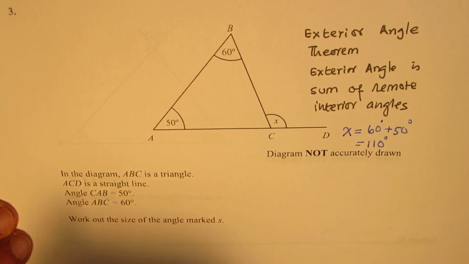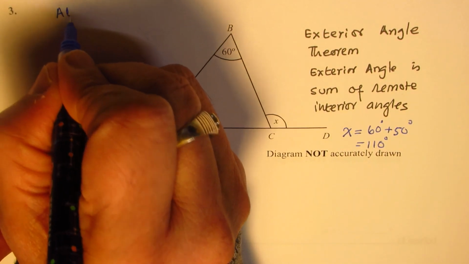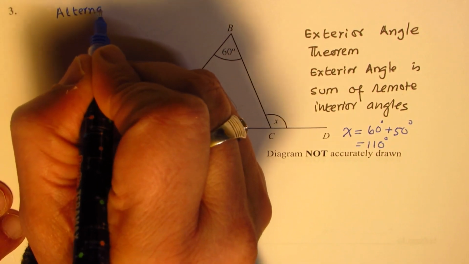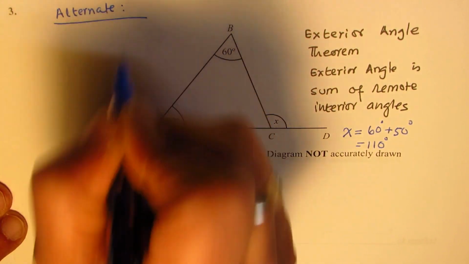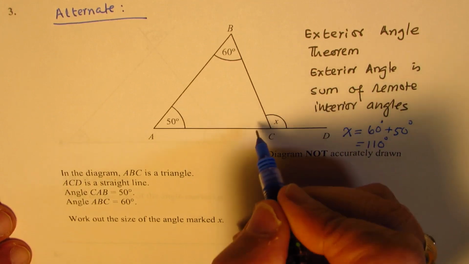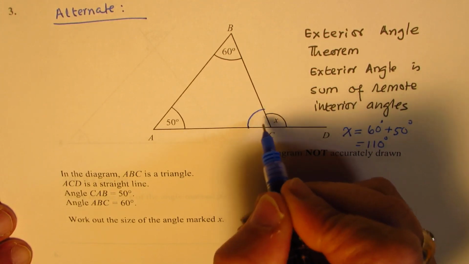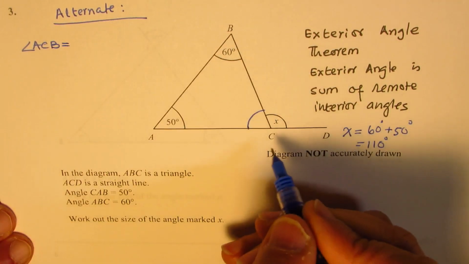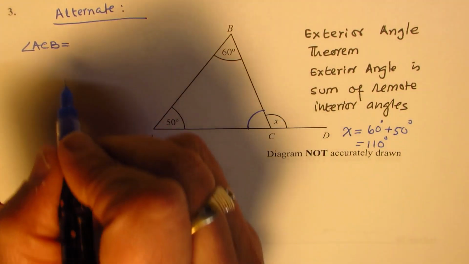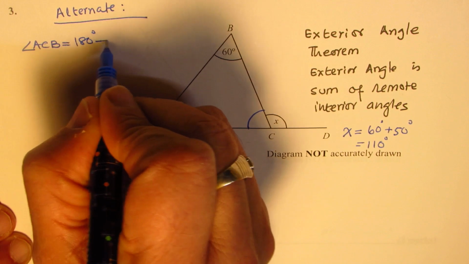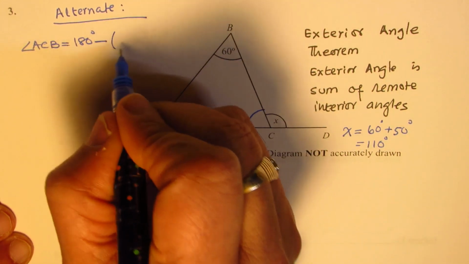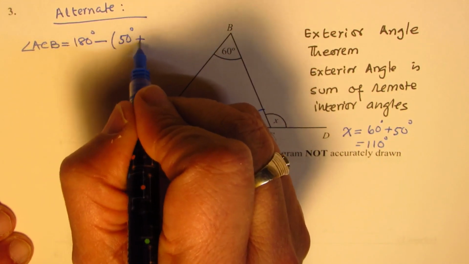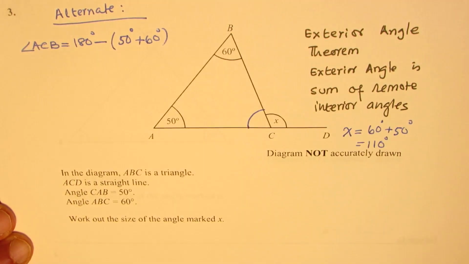Correct? Alternate method, which you could also do, is we know this, we can first find this angle, right? So angle ACB is a part of a triangle, so it is equal to 180 degrees minus 50 plus 60, right?